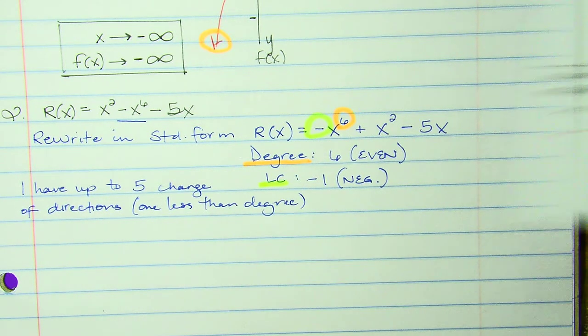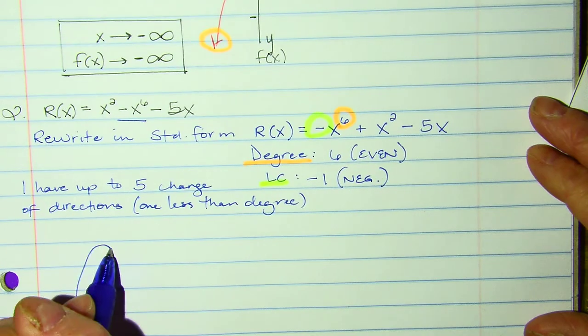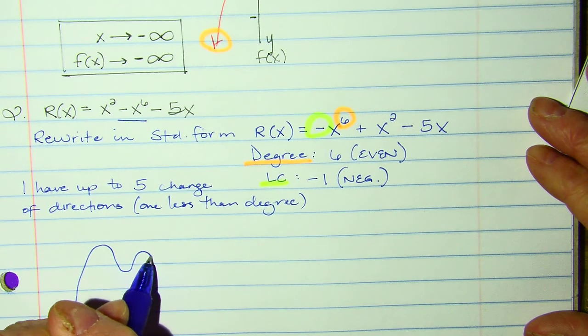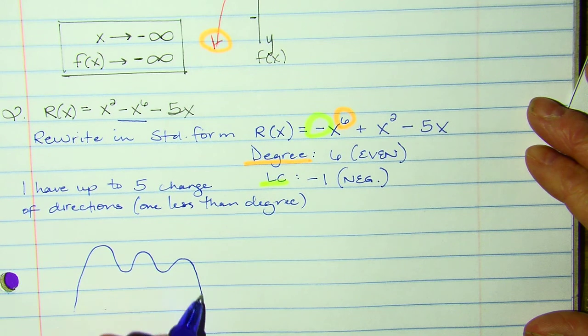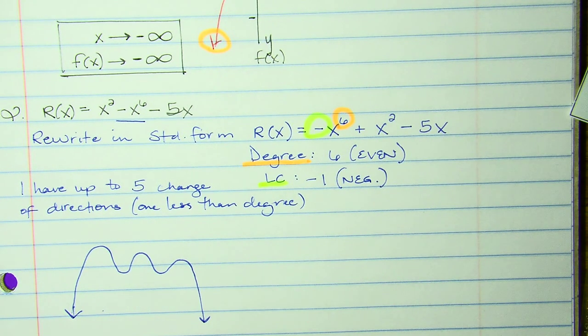And I know my graph points down. So I would guess my graph could look something like this. 1, 2, 3, 4, 5. Now, I have no idea how tall or how skinny, but I'm going to guess it has a rough shape of that. So I'm going to enter this into Desmos.